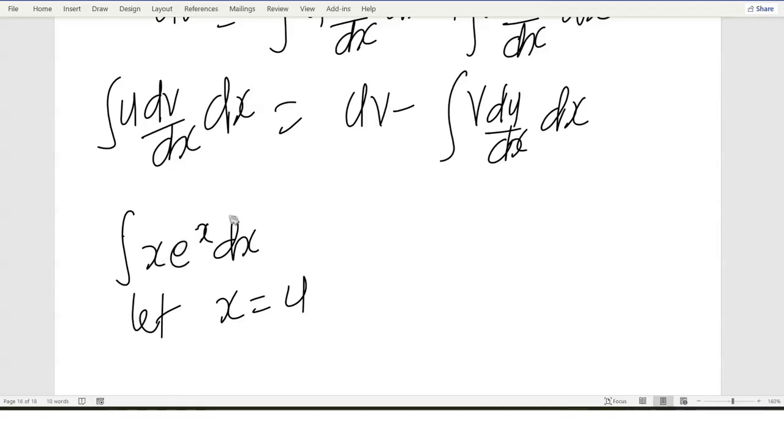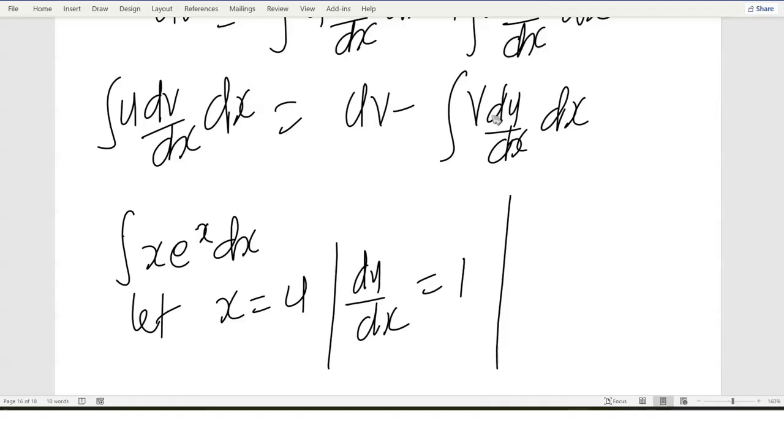So it will help me reduce the coefficients of exponentials that are functions of x also. So that means du dx will equal 1. I also need v, whereby dv is equal to exponential of x with respect to x.